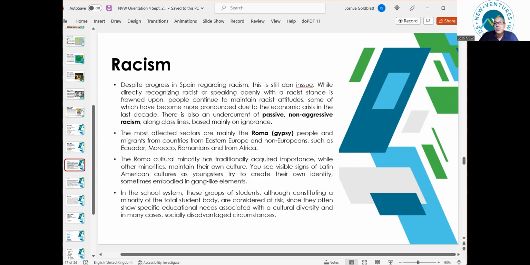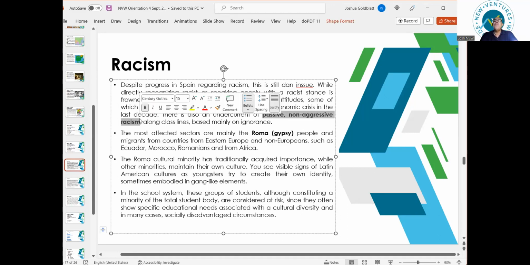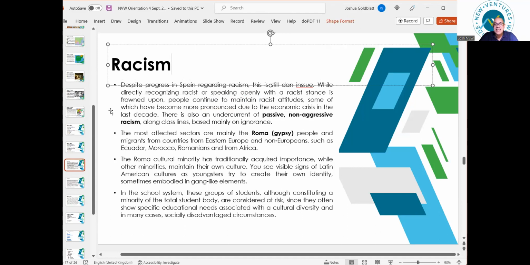And these expressions are what we're going to call kind of passive, non-aggressive racism. And that's more common. And it's just a question of people not being sensitive.